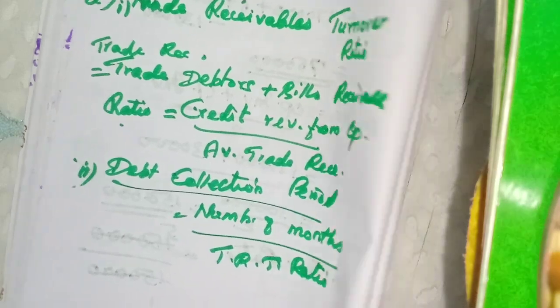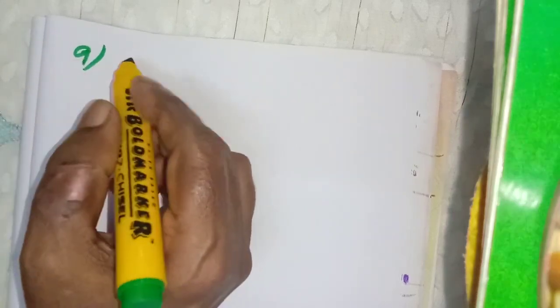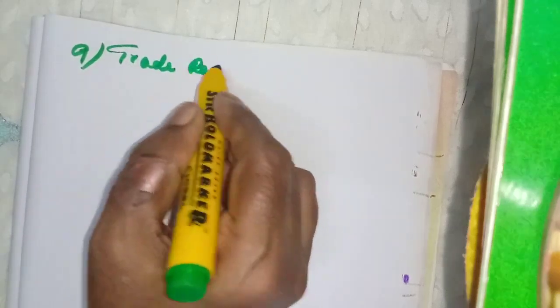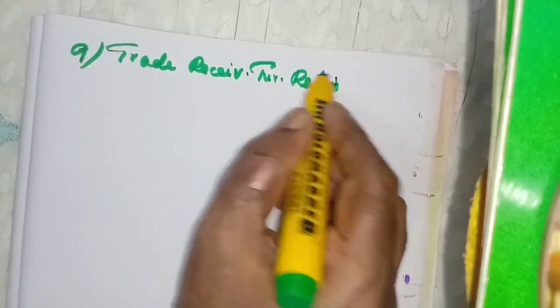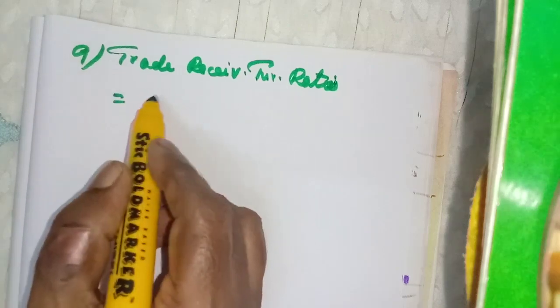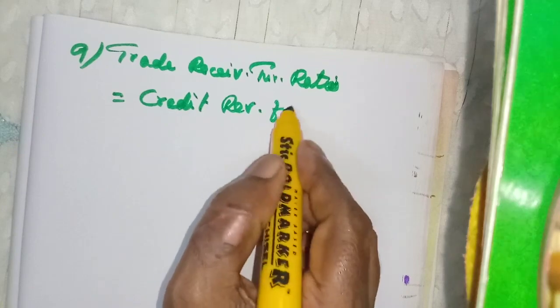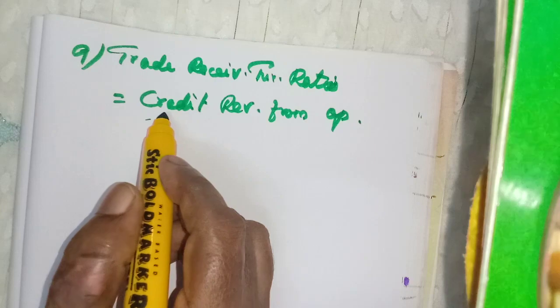So what is the formula? First one we will calculate, the trade receivables. What is problem number 9? Calculate the trade receivables turnover ratio. The formula is credit revenue from operation, which is related to sales.